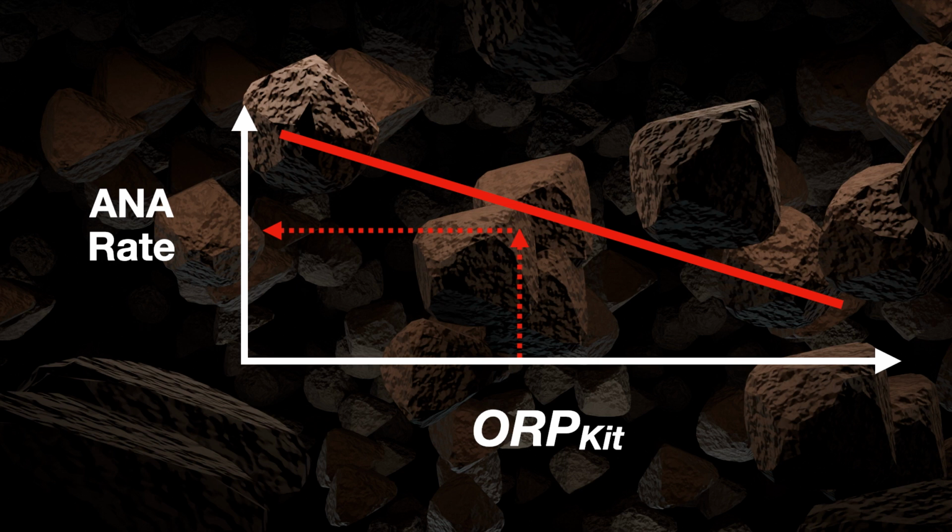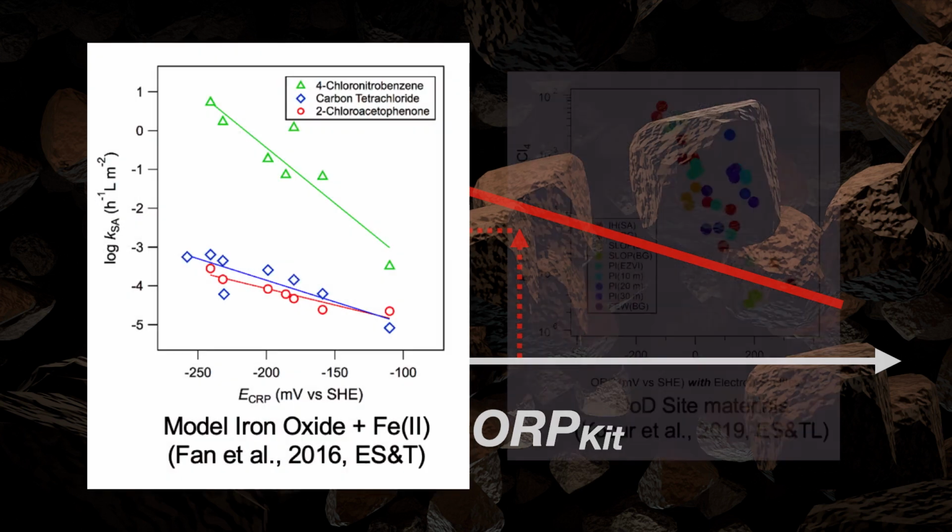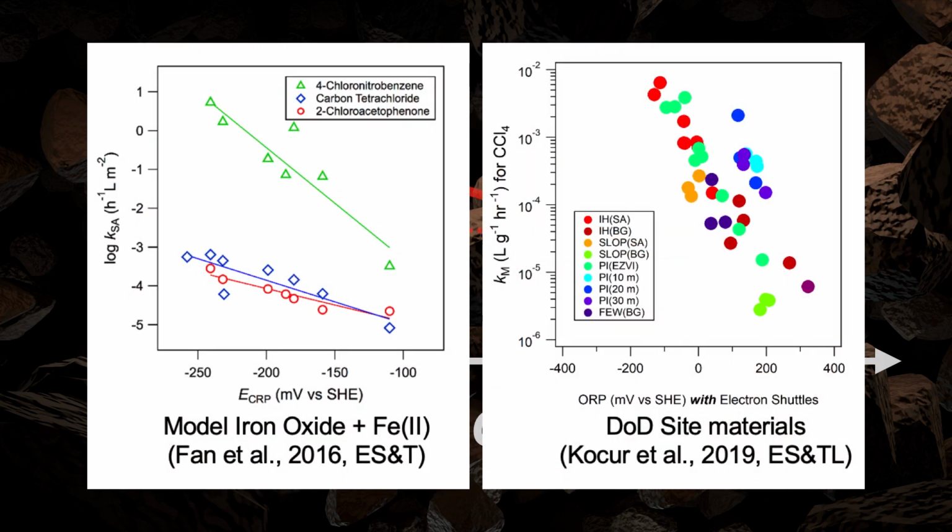Our previously funded SERDP projects have demonstrated that the ORP of reactive minerals correlates well with contaminant reduction rate constants for different types of organic compounds with both laboratory model mineral phases and DoD contaminated aquifer materials. This project is to further advance this approach towards practical applications to assess abiotic natural attenuation of chlorinated ethenes.